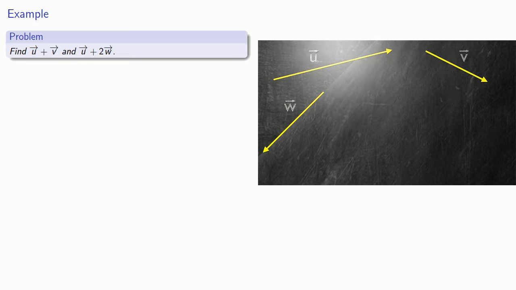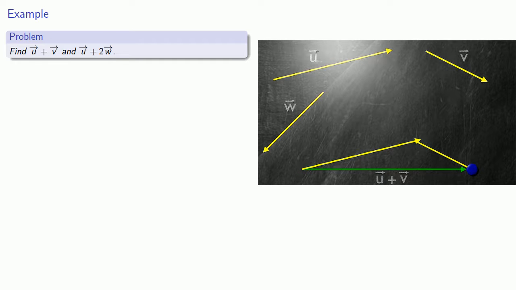Since the only important thing about a vector is its direction and magnitude, that means we can start anywhere we want. From this point, we'll follow the directions that u gives us, and then we'll follow the directions that v gives us. Now following these directions, u, then v, is the same as following a single shortcut path. And that path is what we'll call the vector u plus v.